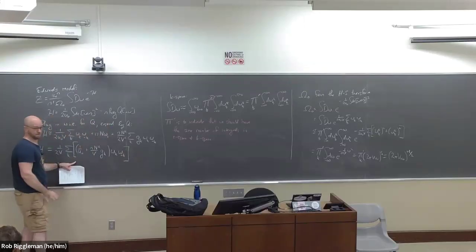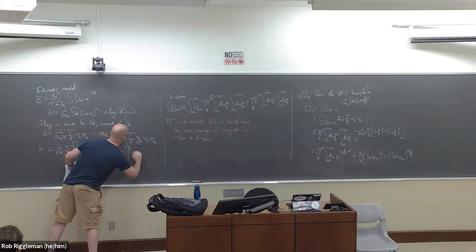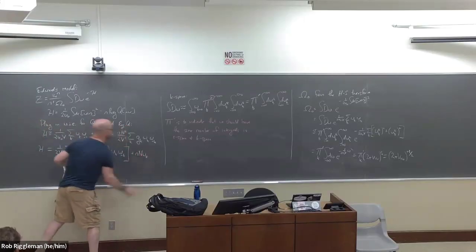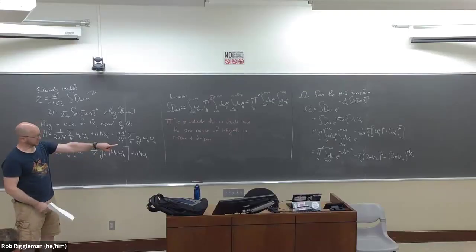These are sums. You have a constant floating around from the mean field solution. And we're getting close to having something that looks like what we have over there.